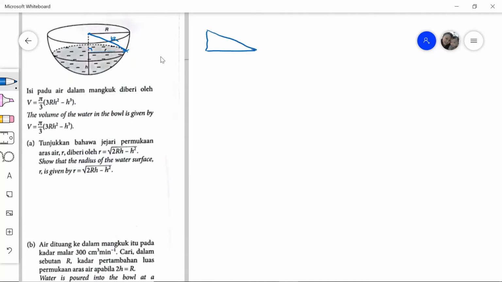So we know that this is R, this is small r, and this side will be r minus h, because this whole thing is actually the radius of the sphere, and therefore this part of the height of the triangle is actually r minus the h. So with that, we can find R. So R squared basically is the capital r squared minus the square of r minus h.